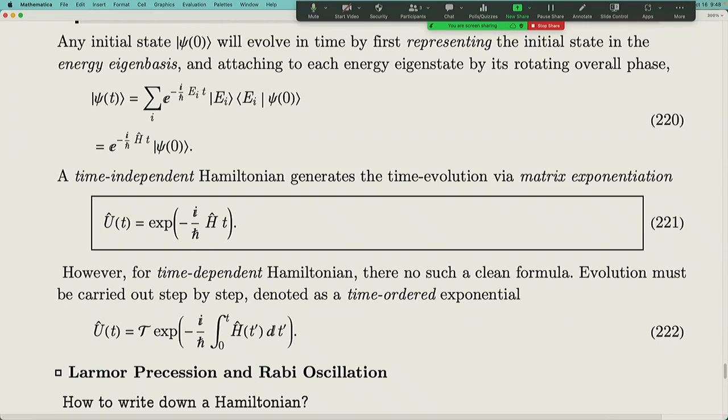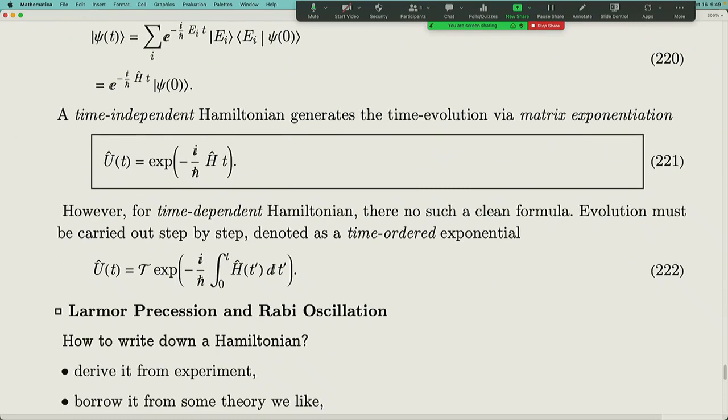But multiplying exponential functions together is like summing the exponents, right? So people sometimes write it as an integration of time from 0 to t. I don't want to go into too much detail of this expression. If you can understand it, you can understand it; otherwise, don't worry about that. I'm just showing that there is no simple formula for time-dependent Hamiltonian evolution.